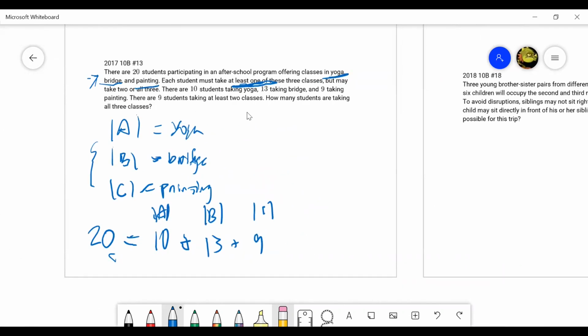So there must be x taking all 3, and 9 minus x taking exactly 2 of 3. Since there are 9 students taking at least 2 classes, the number of people taking 3 classes and the number taking 2 classes have to add up to 9, right?